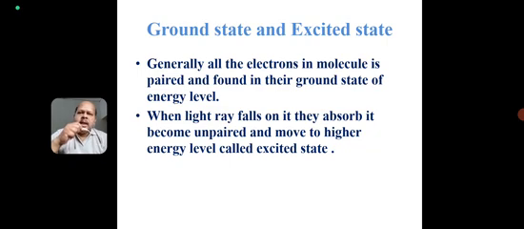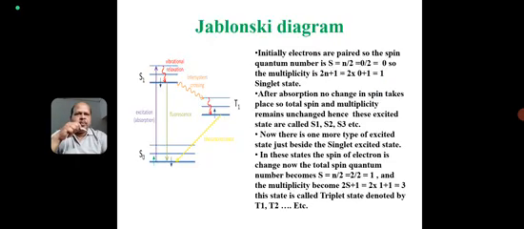Now, when any light or energy is given to them, these electrons absorb a certain amount of energy and jump from their ground energy level to a higher energy level, which is called the excited state. Let us see what happens during this excited state.